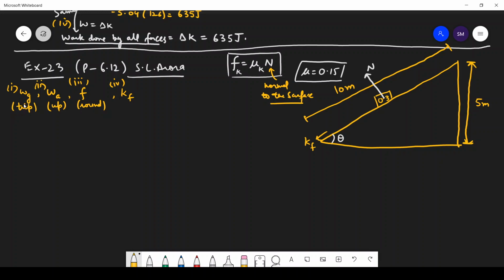So work done by gravitational force. Yes, students, this is a very important question. See, the gravitational force is a conservative force, okay? And the frictional force is a non-conservative force. So we'll do the concept of conservative and non-conservative force also.